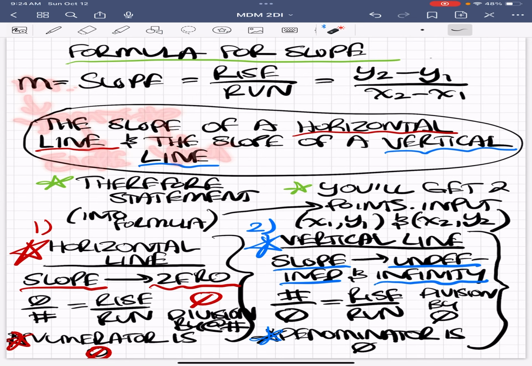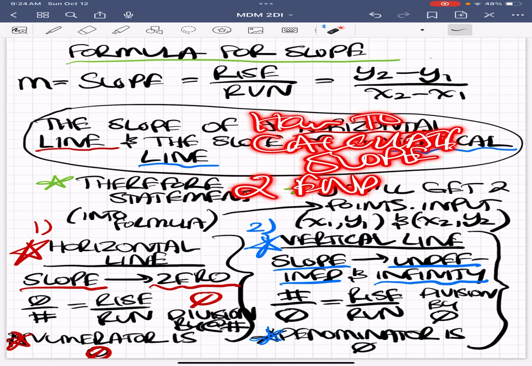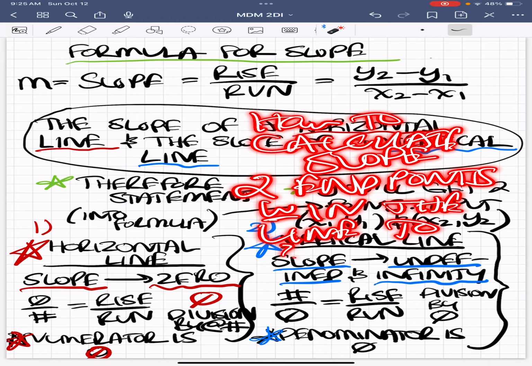So m is slope, which is rise over run, the formula for how to calculate slope, and you need 2 endpoints within the line to calculate the slope of the line.